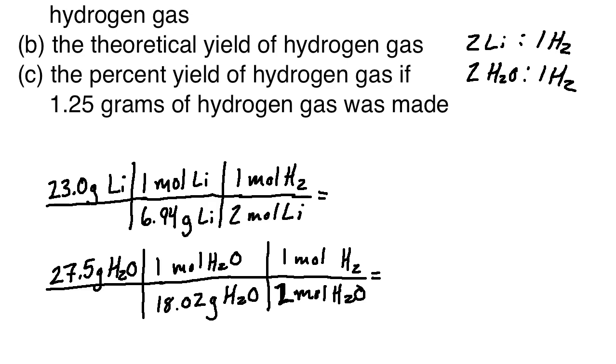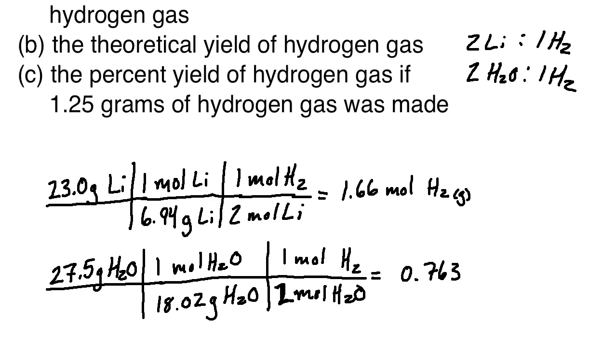You should, at this point, see that the lithium is 1.66 moles. And this is moles of H2 gas that could be produced. The little subscript G, these are states here. S is solid, L is liquid, G is gas, and AQ would be aqueous. And then I turn around and I have the water, and that's 0.763.